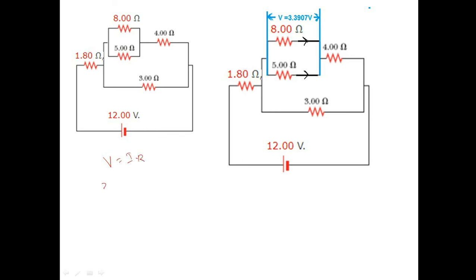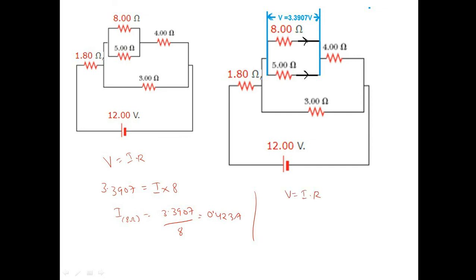As the voltage is 3.3907 and the resistance is 8 ohms, the current through the 8 ohm resistor is 3.3907 divided by 8, and that is 0.423 amperes.